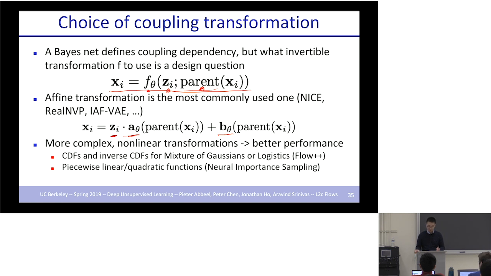Some of the choices include the CDF and inverse CDF of probabilistic distributions, like a mixture of Gaussians or mixture of logistics, so you can get multimodal behavior. Or you could even use a piecewise linear function that is invertible, or a piecewise quadratic function that is invertible. We will have paper references at the end of this too.